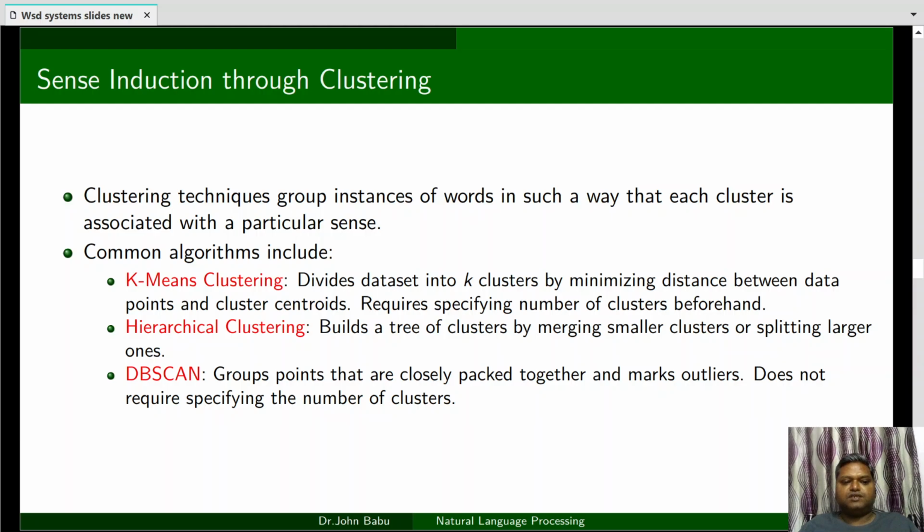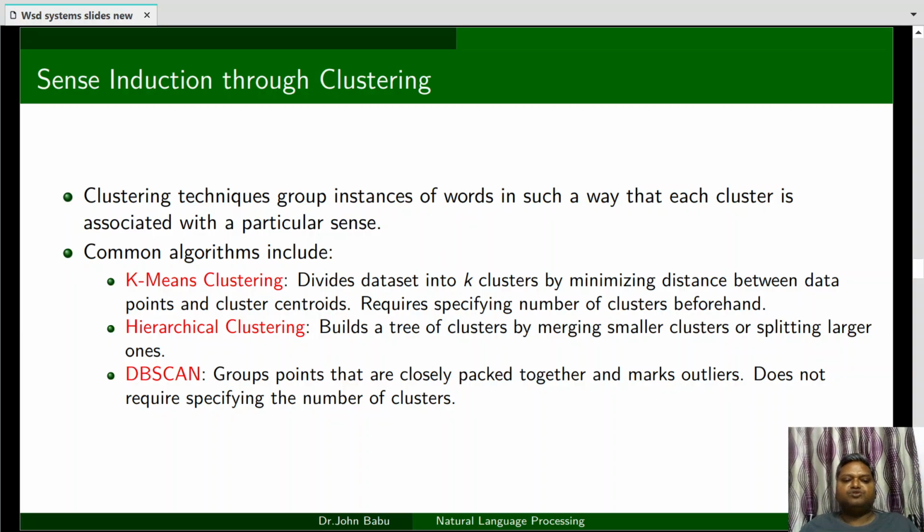The second unsupervised algorithm is hierarchical clustering, where you merge small clusters into a tree of clusters, or sometimes you split hierarchically. For example, dog hierarchically belongs to animal.